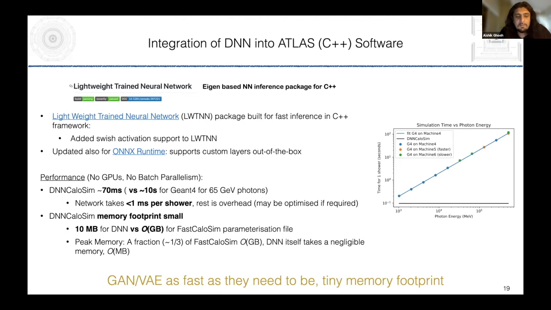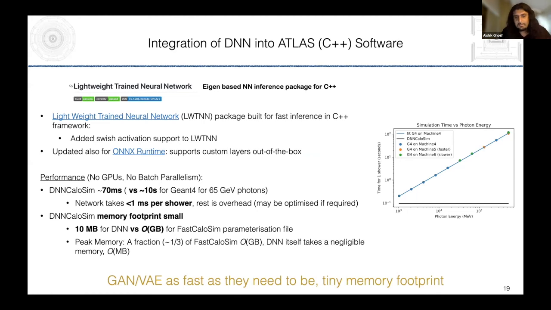The memory footprint is also very small, and we're very happy about that. So the parameterization file is about 10 megabytes for the network, compared to orders of a few gigabytes for the traditional fast simulation parameterization files. And the peak memory consumption, which can be a problem for fast simulation algorithms, and it's something we often have to keep in mind while developing them, is 1/3 for the neural network based simulation compared to the traditional method.